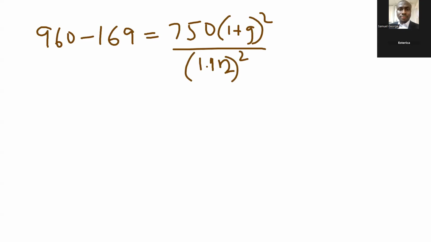Now, 960 minus 169. 960 minus 169 is equal to 791.